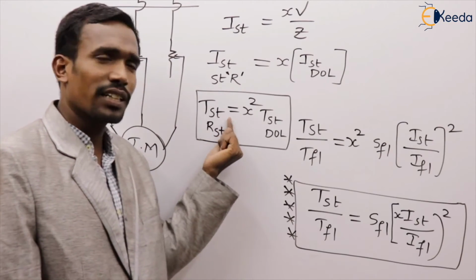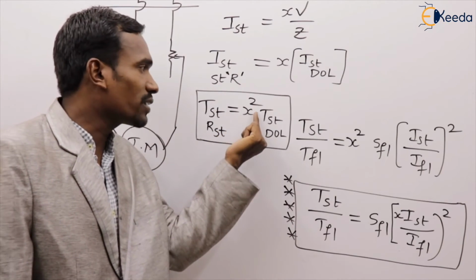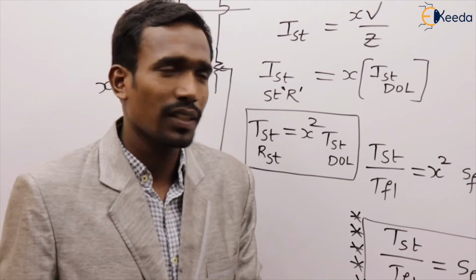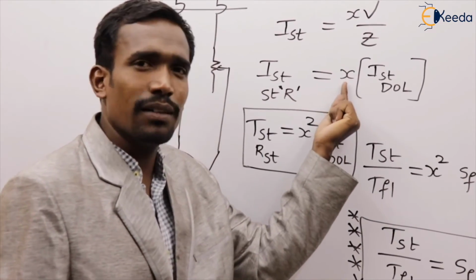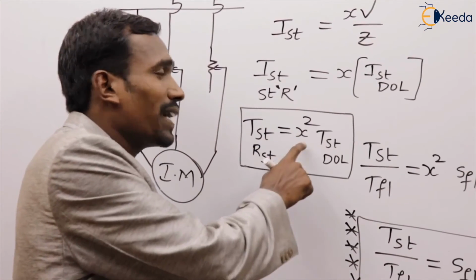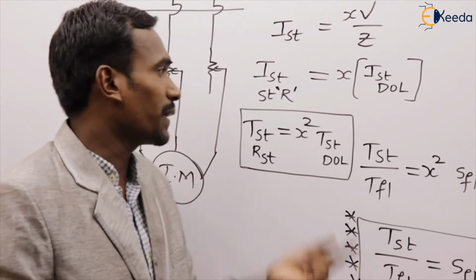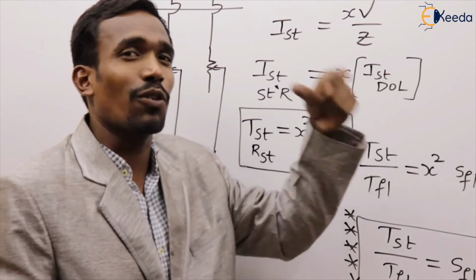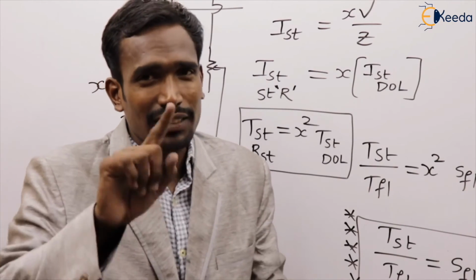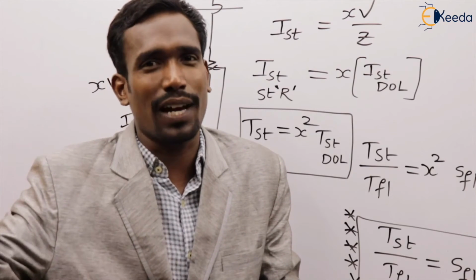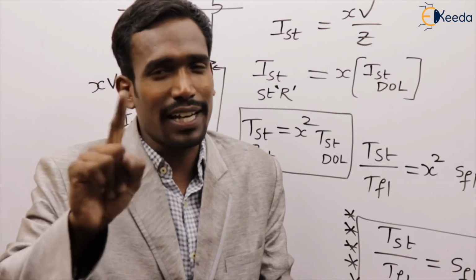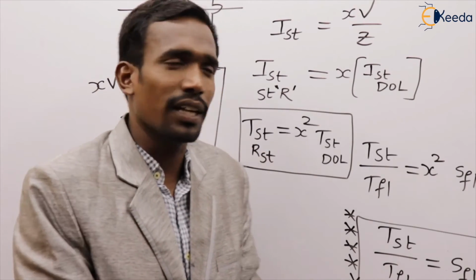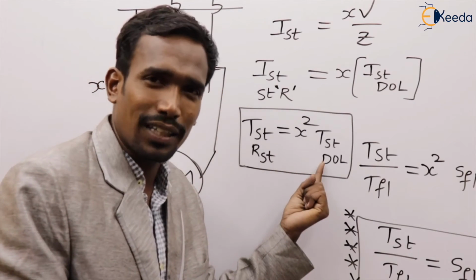Current reduced by X times, torque reduced by X square times. In this method, current is reduced by X times, but torque is reduced by X square times, because generally torque is directly proportional to I square. Already current reduced by X times, that's why torque reduced by X square times.